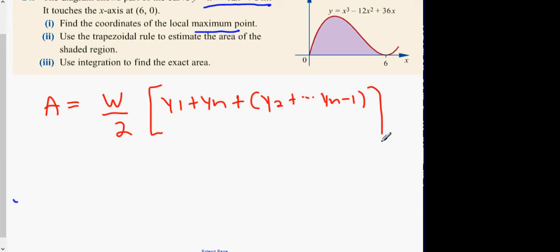Now, let me show you what this means. It's definitely over 2, is it? That's the only thing I'm not sure about. Does that say Simpson's rule beside it or trapezoidal rule? It is 2. Okay, thank you.